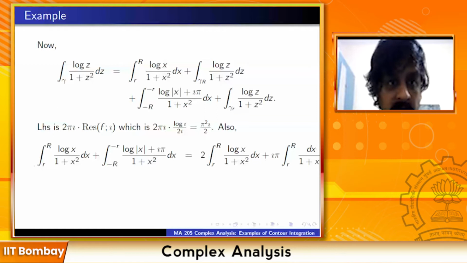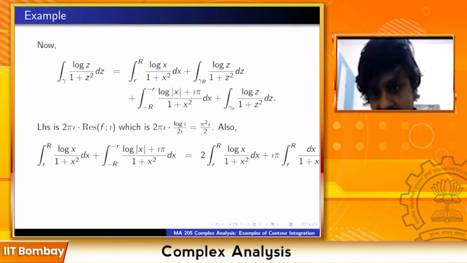From the first equation, the first integral plus the third integral I can write as 2 times the integral of log x dx upon 1 plus x square from little r to capital R. This together with the integral of log of mod x upon 1 plus x square from minus capital R to minus small r gives you 2 times the integral from little r to capital R of log x dx upon 1 plus x square. And then you are left with plus i pi times the integral from little r to capital R of dx upon 1 plus x square. It should be 1 plus x square, that square has gone at the very end.